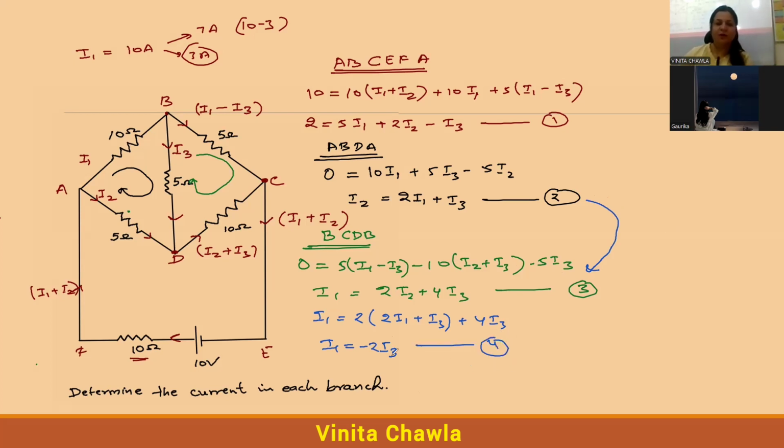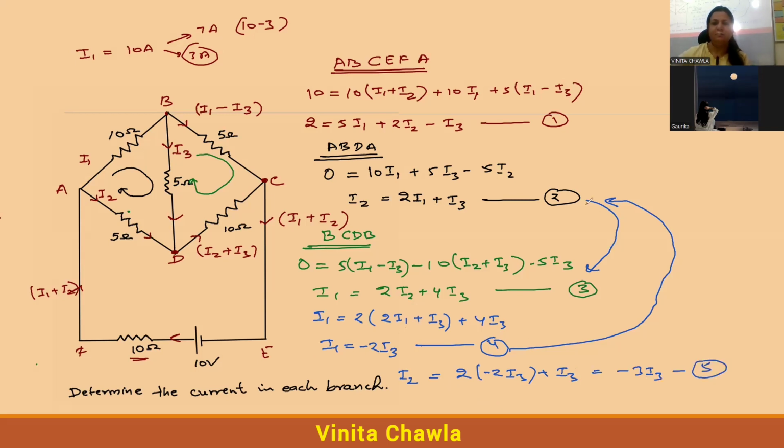Now we will substitute this value of I1 from 4 to 2. So we'll get I2 as, it's 2I1. So for I1 we'll write minus 2I3 and plus I3. So this is minus 3I3. Let this be 5.